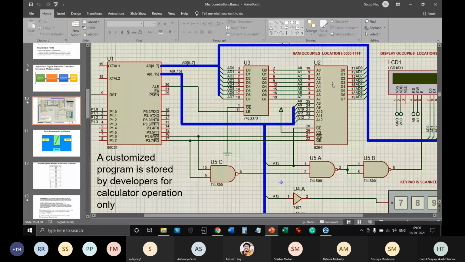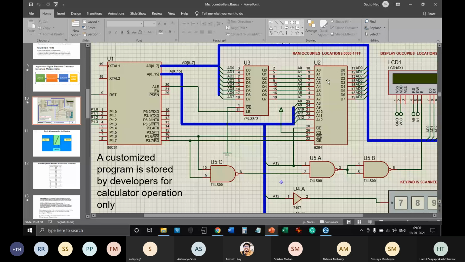That means it is an additional RAM chip used in addition to the 128 bytes of RAM inside the microcontroller. In this case it was 2 kilobytes, but it can go up to 60 kilobytes. Obviously you have to use more address lines here. Up to A12 has been used, but you have provision up to A15. So if you consider up to A15, you can address up to 60 kilobytes of external RAM locations.